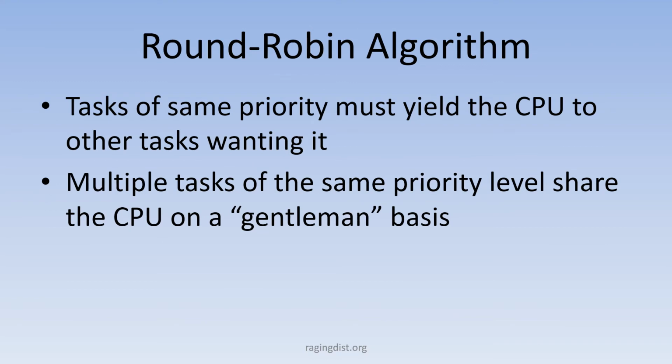And whenever you have a round robin scheduling algorithm like this, the application developers must be cognizant of the fact that they have to give up the CPU from time to time, or the other tasks will never run. This, of course, is true of a preemptive multitasking scheme also. If you have a high priority task which never yields the CPU, guess what? The other tasks won't run.